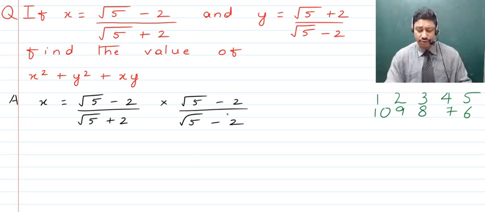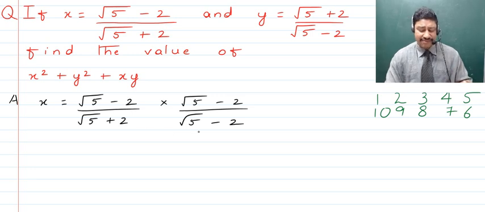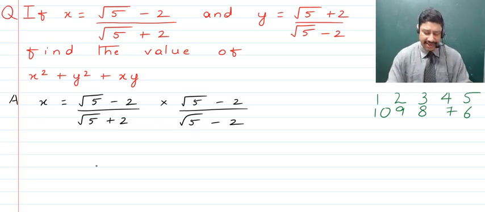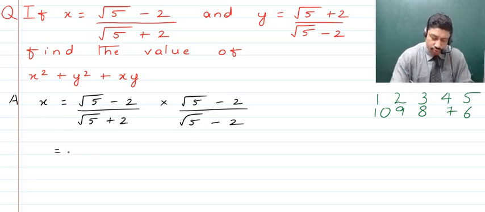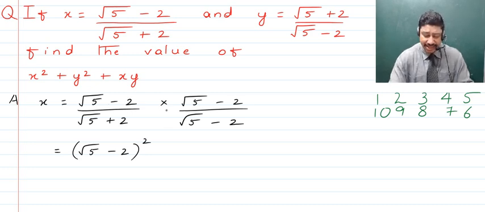And as we have both of these to be the same entities, they obviously will get cancelled, and that will not bring a change in the value of x. However, to draw an advantage here, we will have root 5 minus 2 whole square, as this has come twice and is in multiplication.